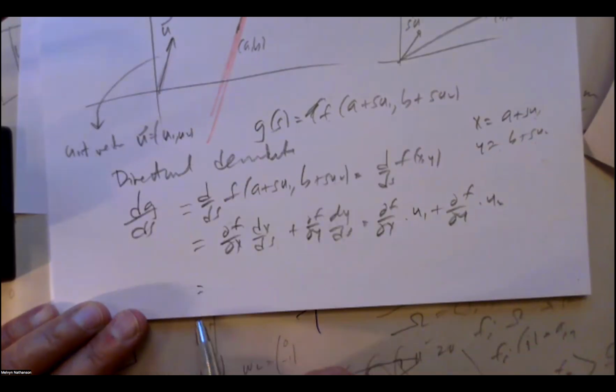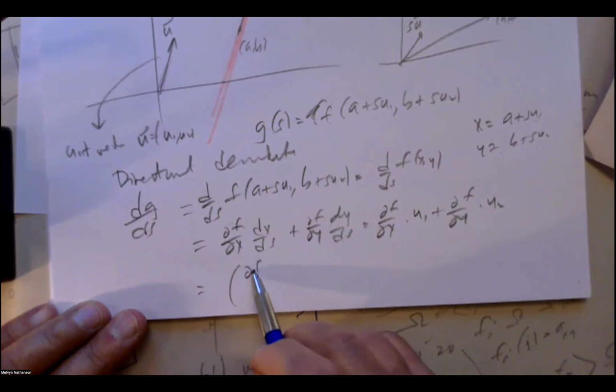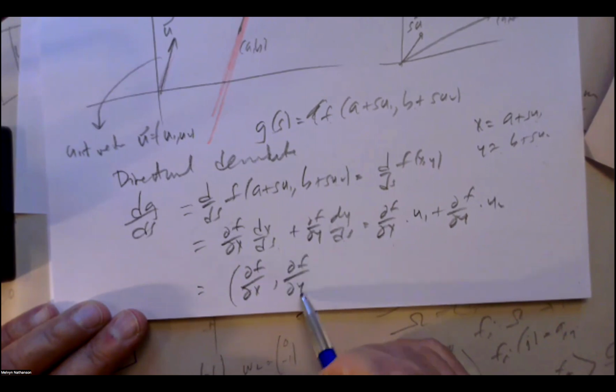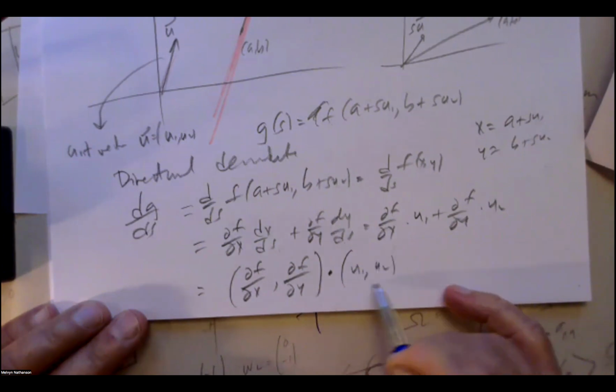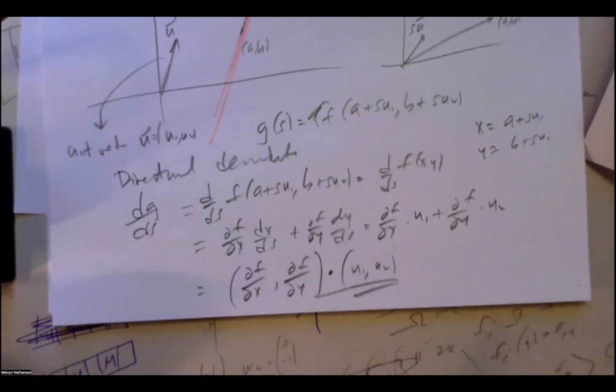And you can think of this as, if I had the vector (partial f with respect to x, partial f with respect to y), I'm taking the dot product of that with (u1, u2). And that is the fundamental formula for the directional derivative of a function of two variables in the direction of the vector u.